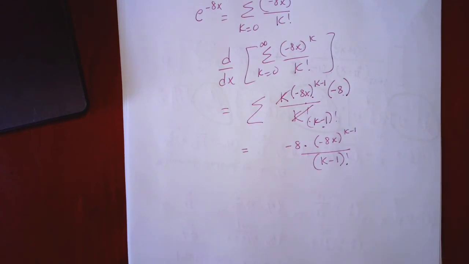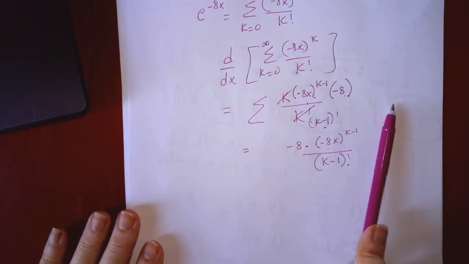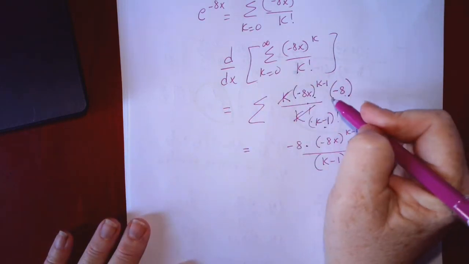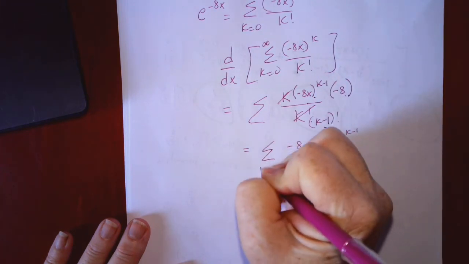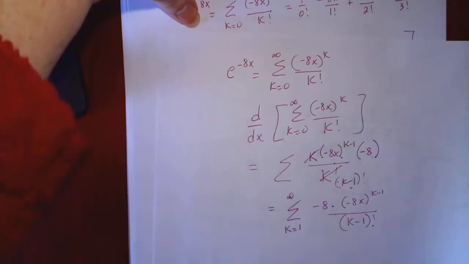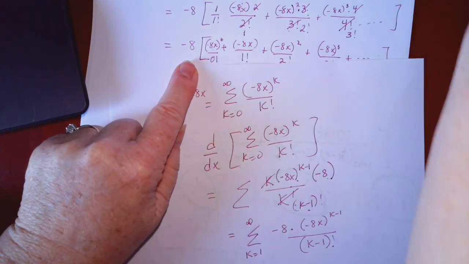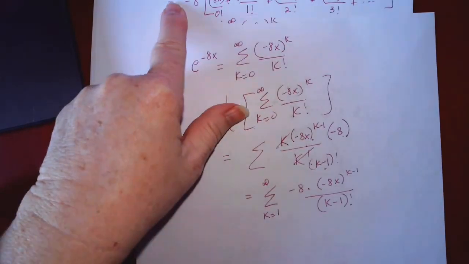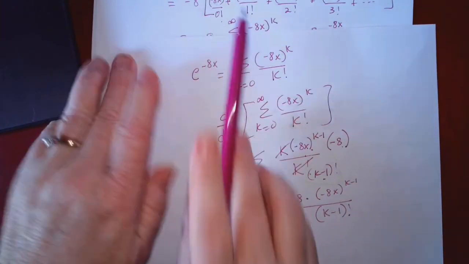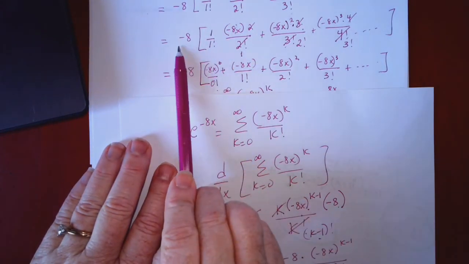Now, this is what we were talking about the other day, right before we left. When you take the derivative term by term, though this one started at k equals 0, when we take that derivative, this one actually starts at k equals 1. Because if you go back and look at the terms that we had when we took the derivative, our first term ended up being a 1 times a negative 8.